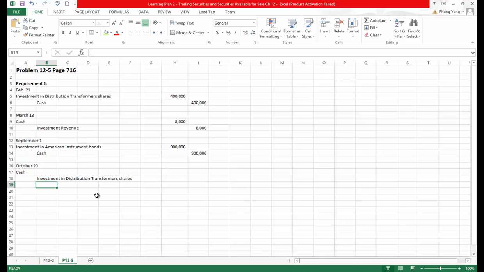And we're going to credit. It looks like there's a gain because we bought it for $400,000 and we sold it for $425,000. So we got $425,000 off of it. Bought for $400,000. So our gain then is going to be $25,000.